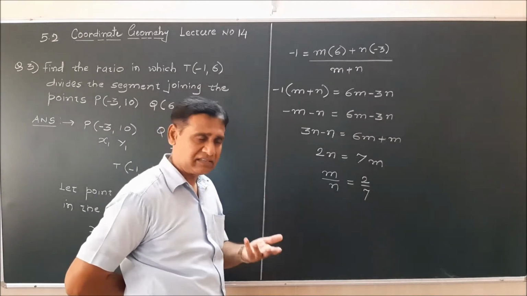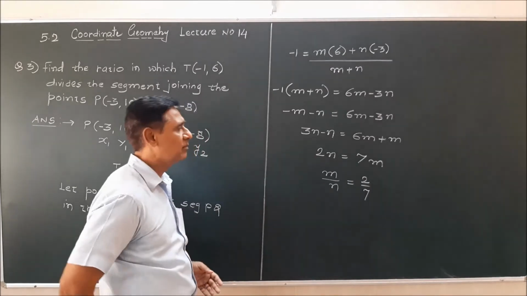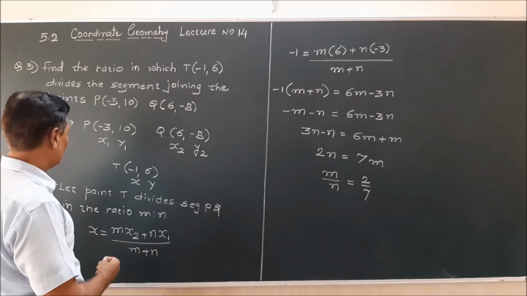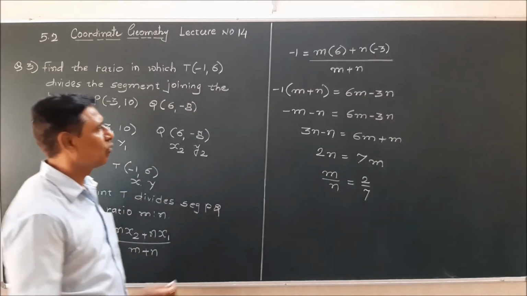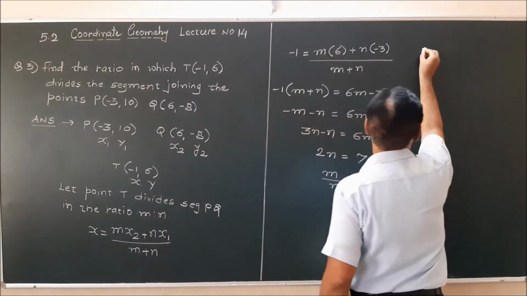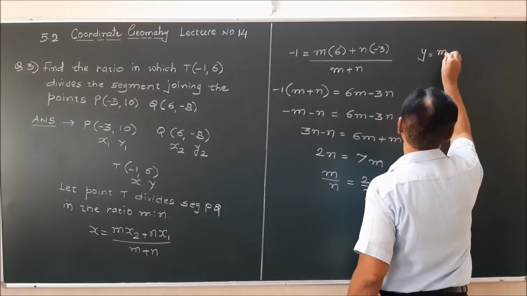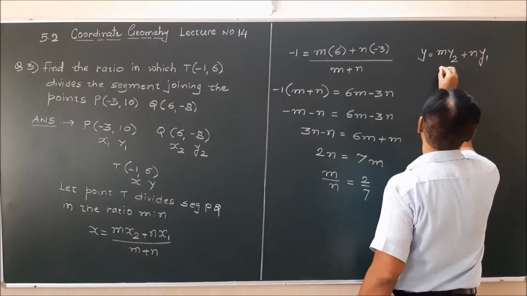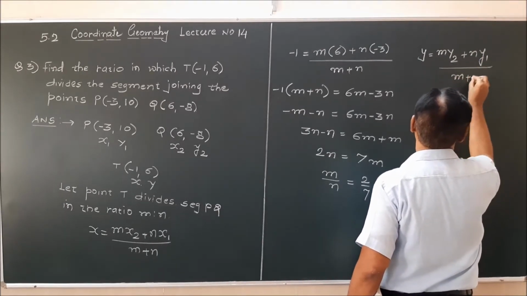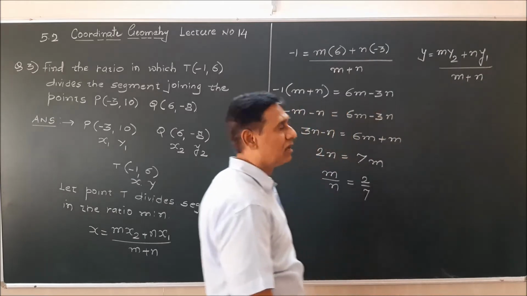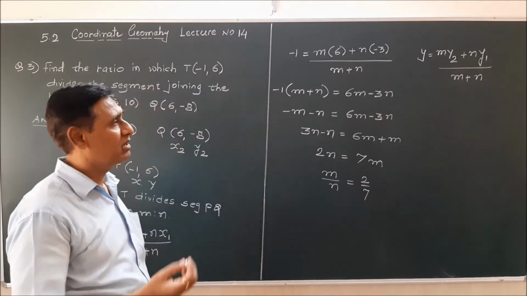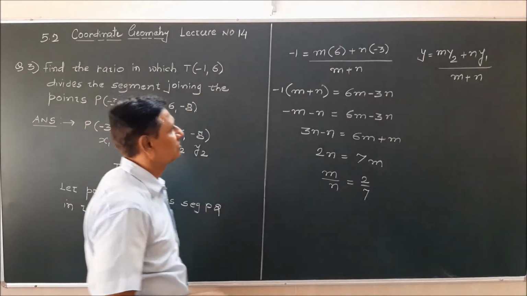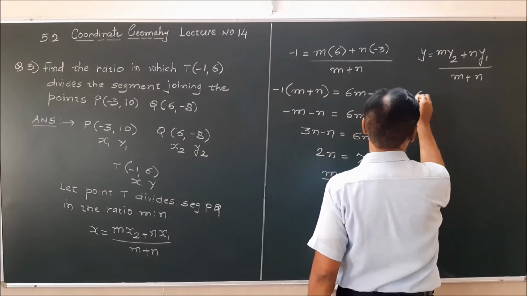But if you are interested, let's see here. We'll get the same value. So you will find the value of y is given as 6. So y is equal to (m y2 + n y1) upon (m + n). In this case also the same thing. The value of y is 6, the second coordinate.